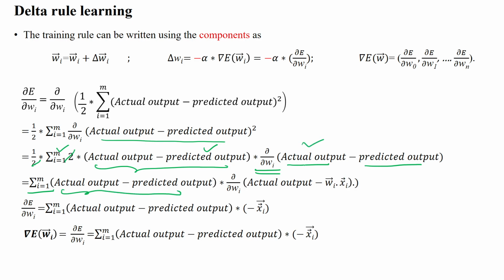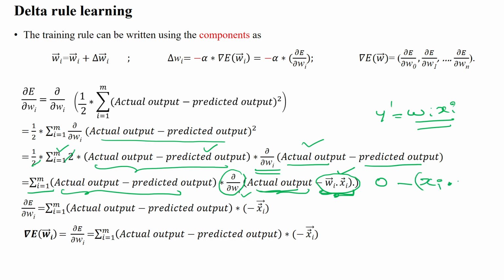When you apply the partial derivative here, the actual output is just a variable, but the predicted output is the equation y dash equal to wi xi. When applying the partial differentiation over the actual output, we get 0 minus; then when applying it to wi xi, with respect to wi, xi is a constant and wi gives 1.